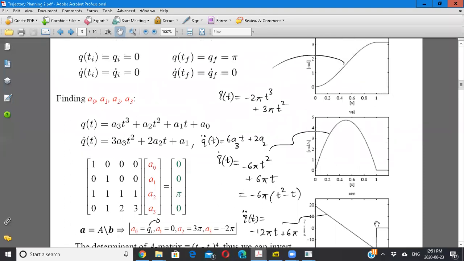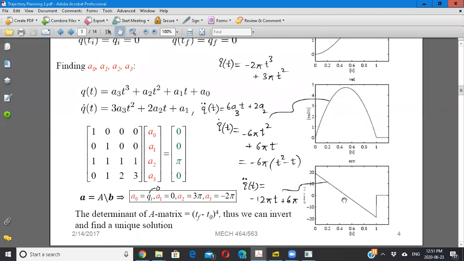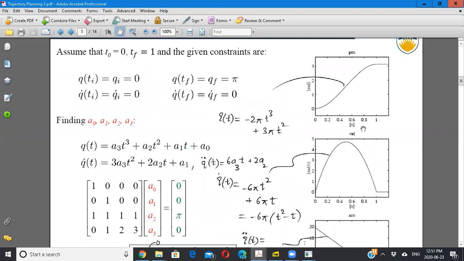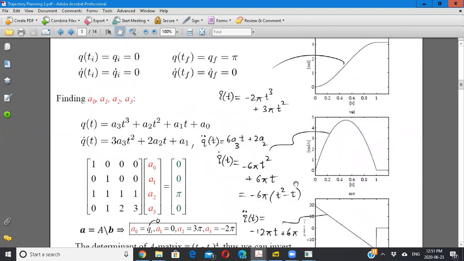In order to stop there, you had to decelerate by the same amount that you accelerated. At the final time 1, this is what your acceleration is, and you have to make a certain stop. Why? Because your final velocity has to be 0. Any questions so far?